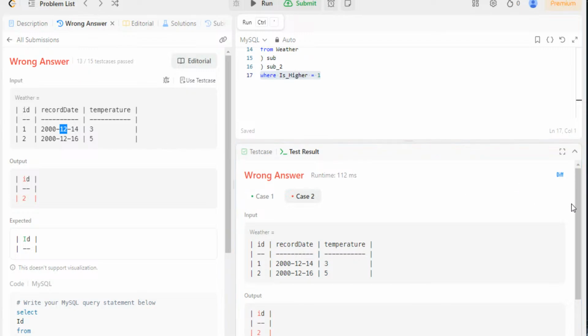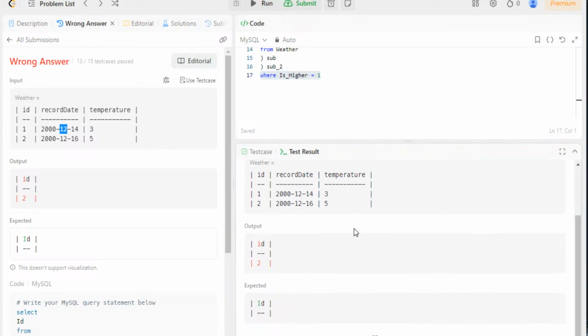Output is 2. Oh. Because it is not, okay. Where ID from weather, join weather, on weather record, add date, interval 1. Oh, I like that.